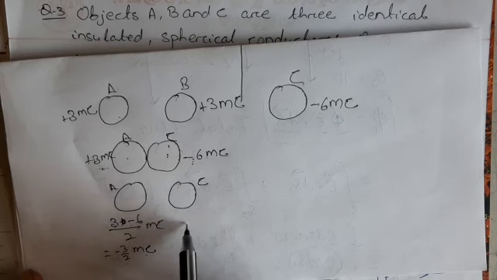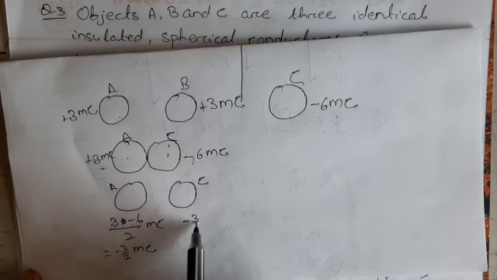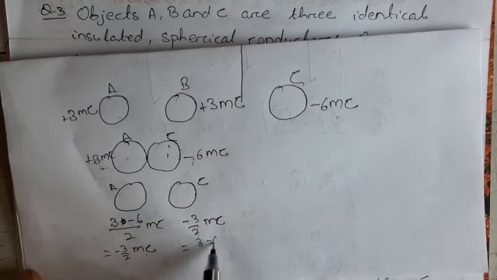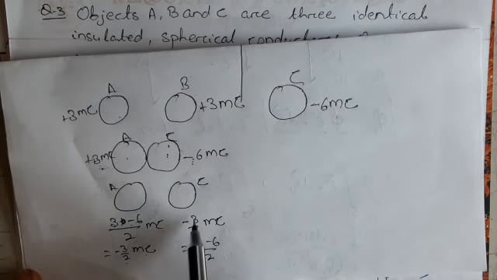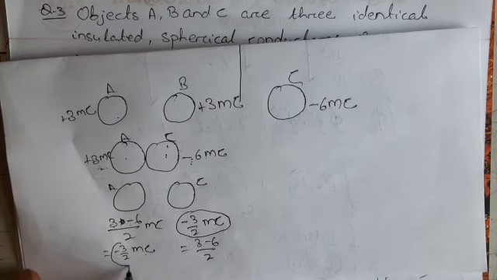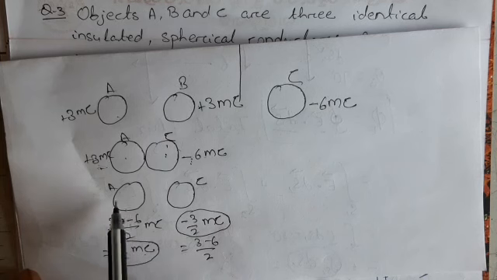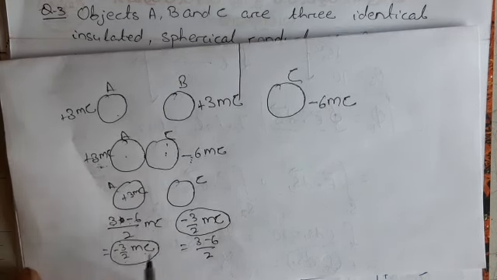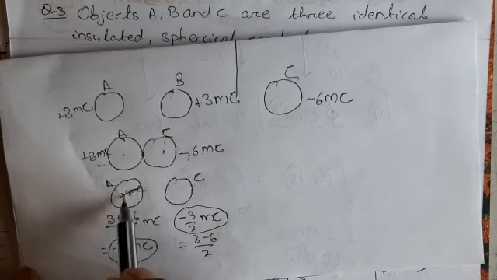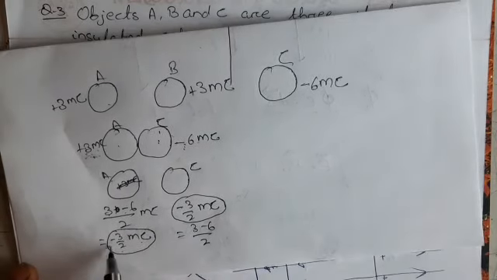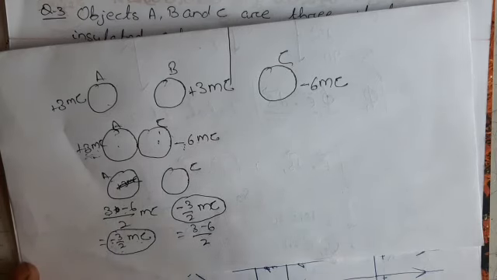Definitely C will acquire the same -3/2 millicoulomb of charge, that's equal to (3 minus 6)/2. That is the charge of C and that is the charge of A. Initially A was positive, +3 millicoulomb, but after touching it will get negative charge of -3/2 millicoulomb.